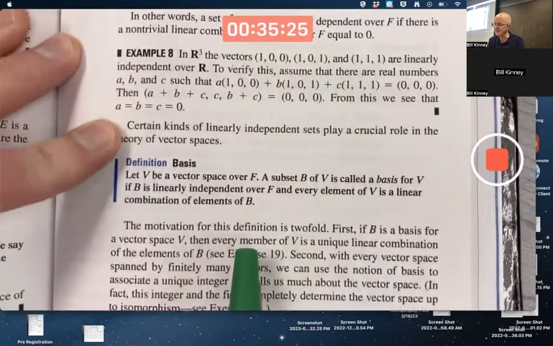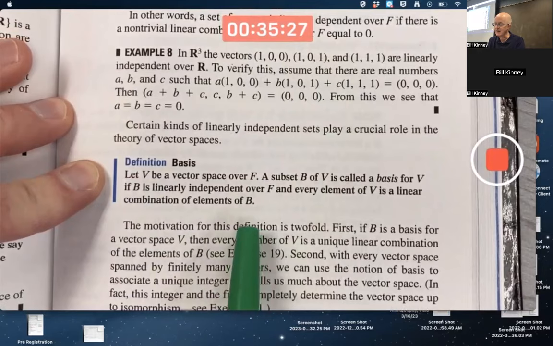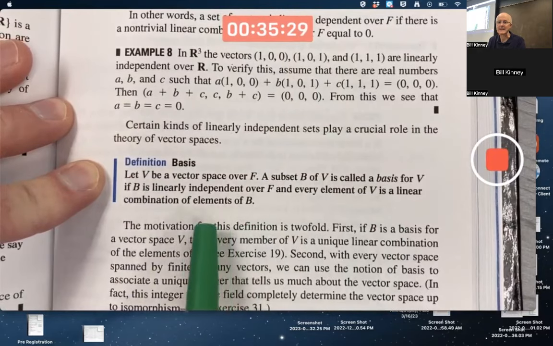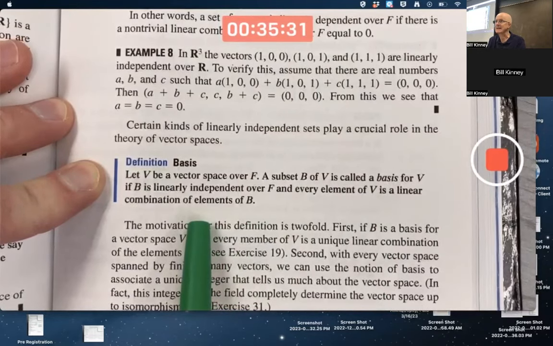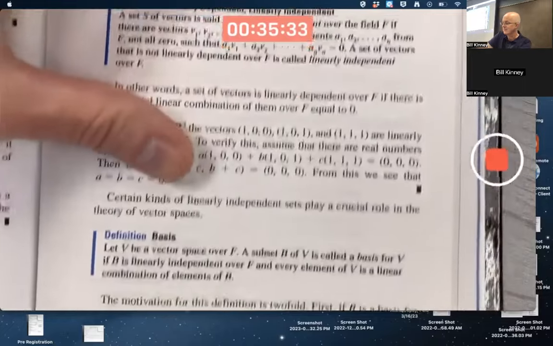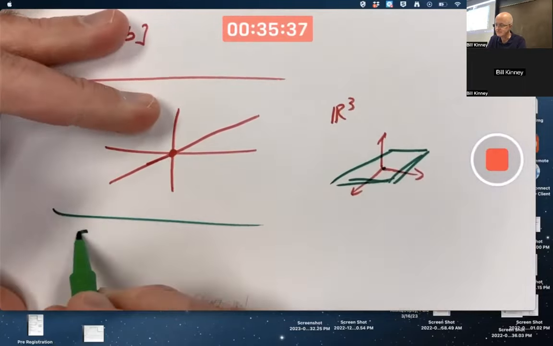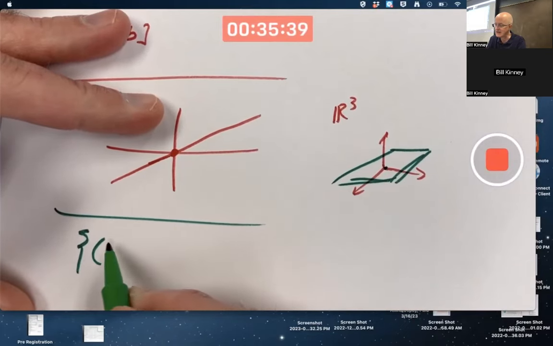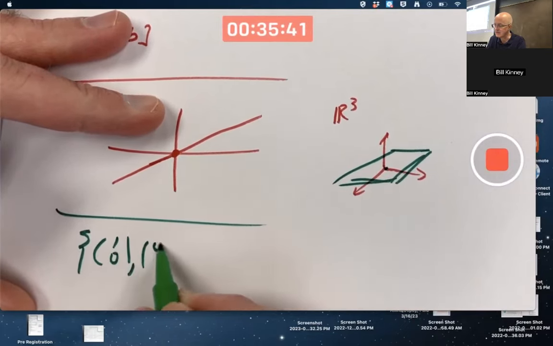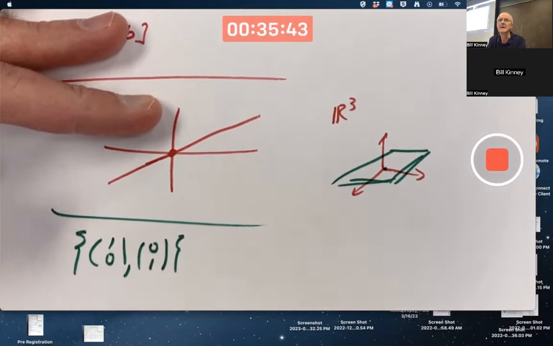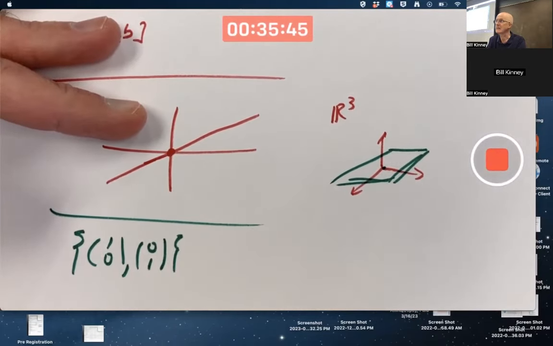Here you're saying every element of the vector space is a linear combination of those basis elements. So in R2, for example, there's the standard basis. Writing them as column vectors would be this one. Standard basis of two elements.